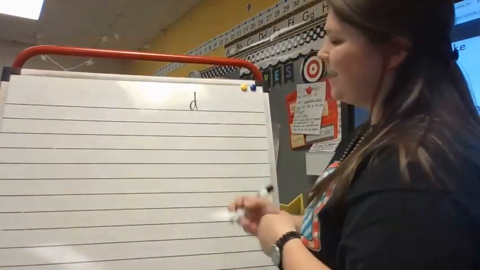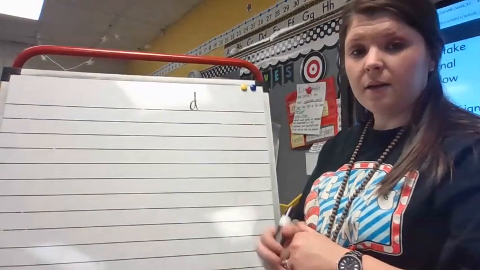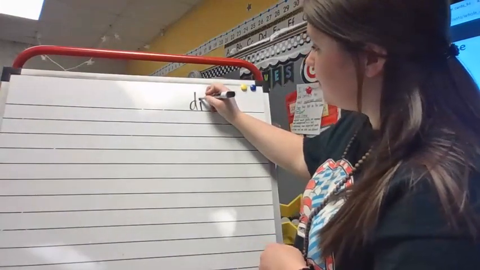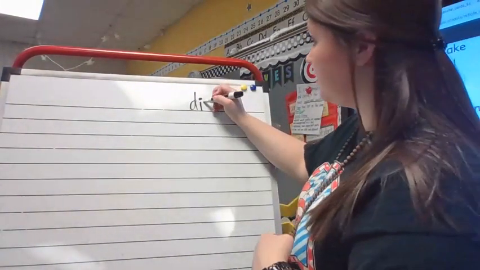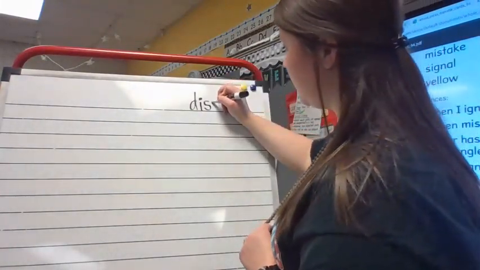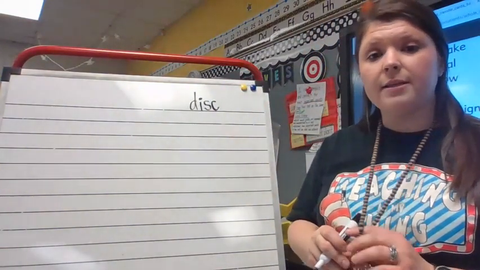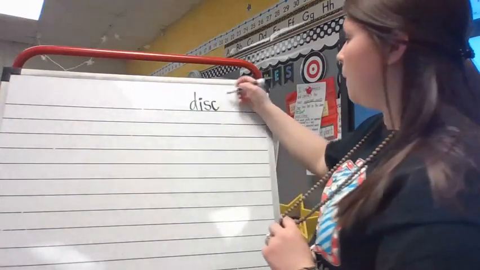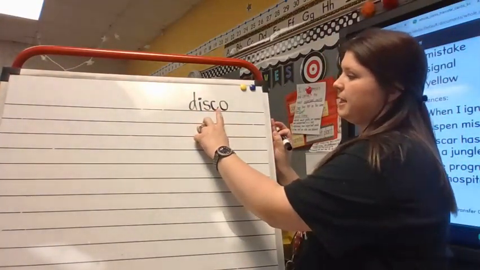D, I, S. It's going to be C here because it comes in the middle of that word. Disc, O. So here we have disco, D-I-S-C-O.